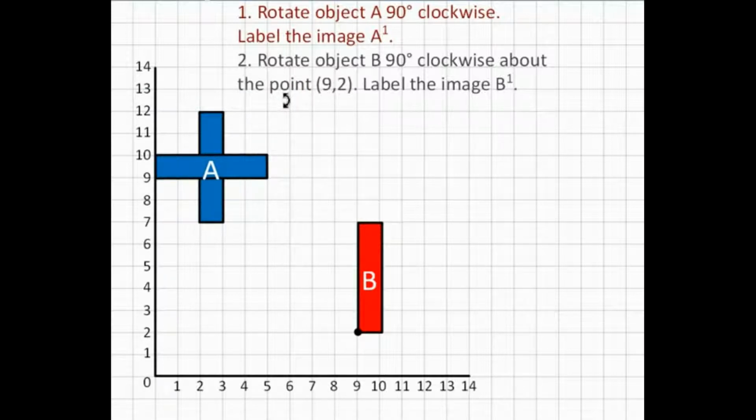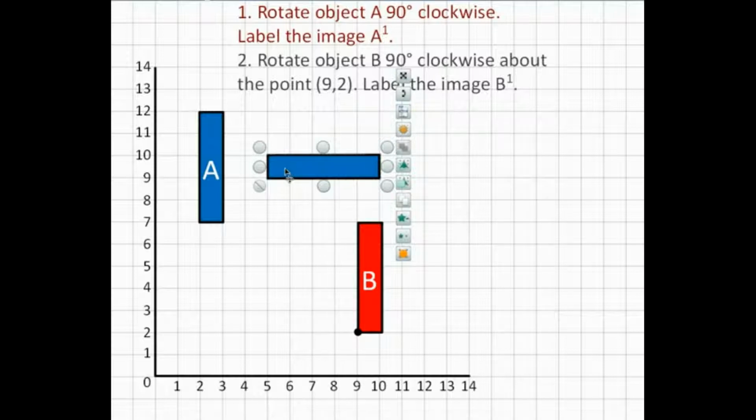Object A, rotate it 90 degrees clockwise, so that's a quarter turn in the direction of the hands of a clock. And it doesn't say that there's a centre of rotation, so I can really just rotate it and draw it anywhere on the grid. And label it A1. However, B has to be rotated about the point 9,2.